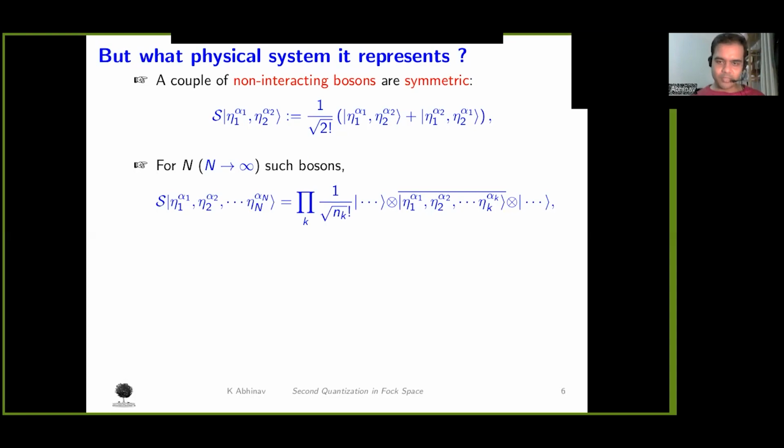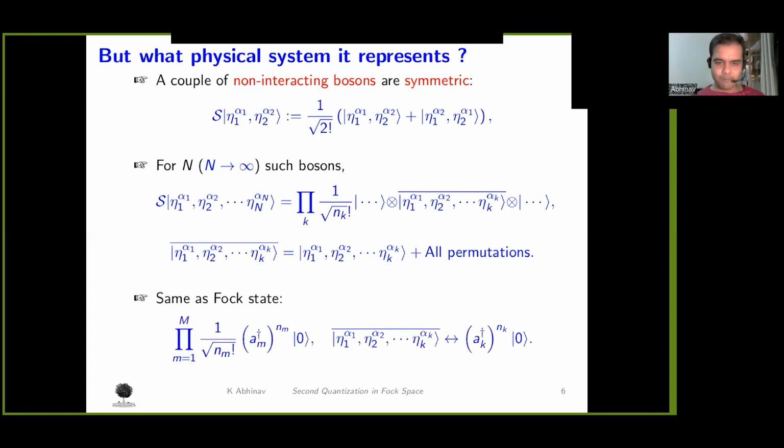Now this structure is eerily similar to what we saw for a generic n particle state in quantum field theory, or in the Fock space. So this is the definition of this barred state. In the Fock space, we had the same factor 1 over root of nm factorial for a state where the mth state has m number of particles.